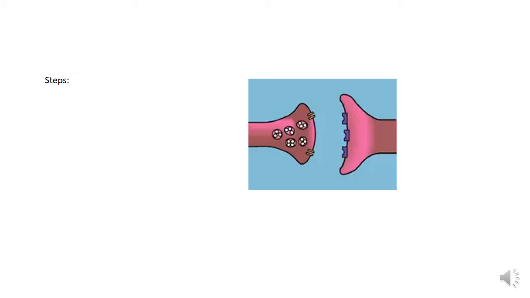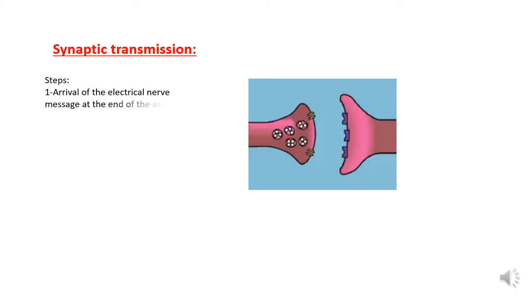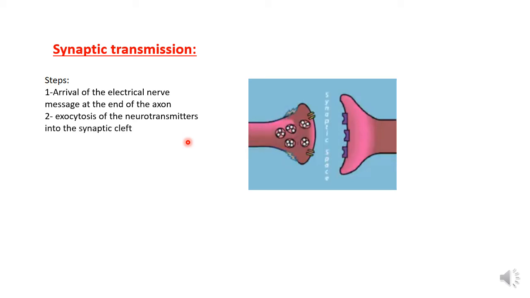The steps of synaptic transmission are: first, the arrival of the electrical nerve message at the end of the axon. Then we have the exocytosis of the neurotransmitters.